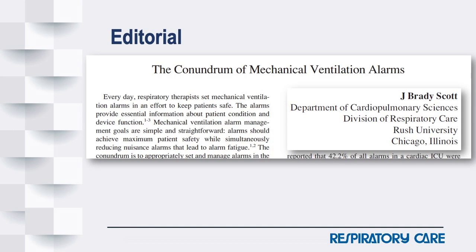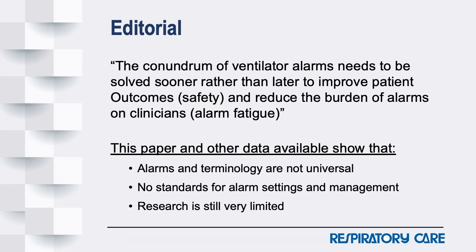I want to make just a couple of quick comments about the editorial that was written on this paper. The editorial was The Conundrum of Mechanical Ventilation Alarms, and that was, again, written by Brady Scott in this April journal. He speaks to the fact that the conundrum of ventilator alarms needs to be solved sooner. We need to be able to improve the outcomes and safety of the patients, but also reduce the burden of alarms.